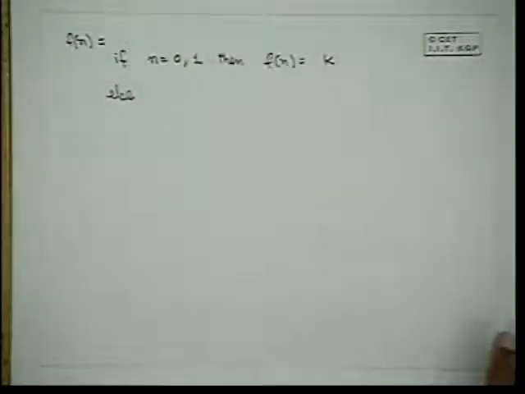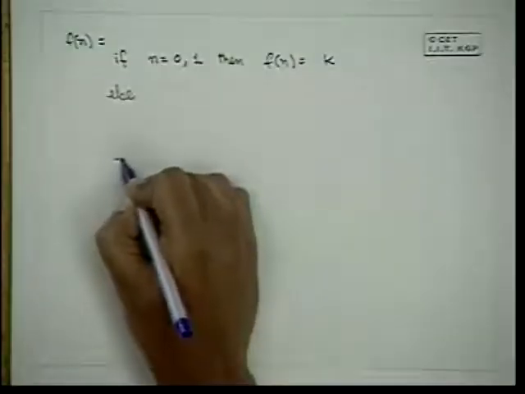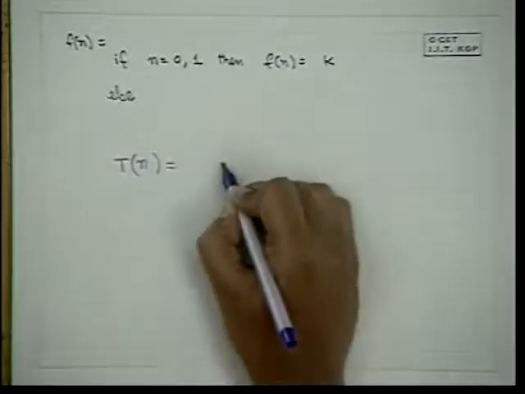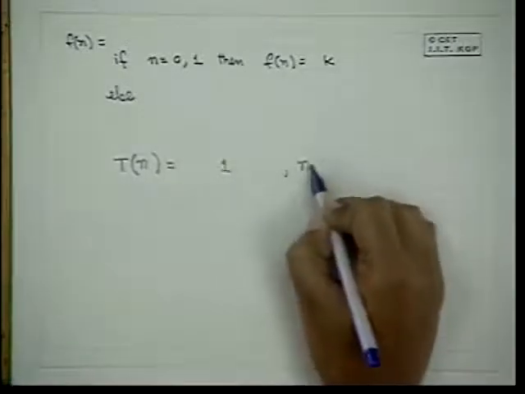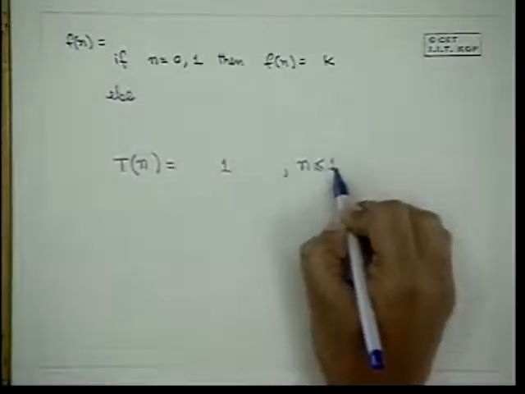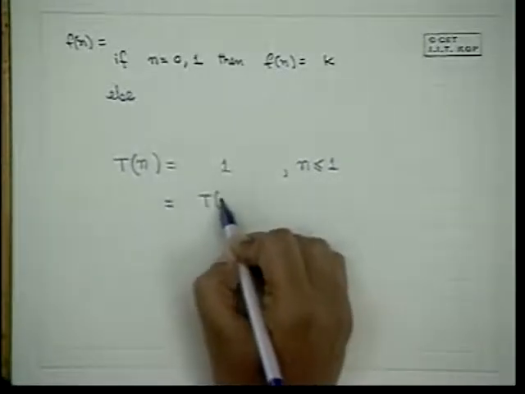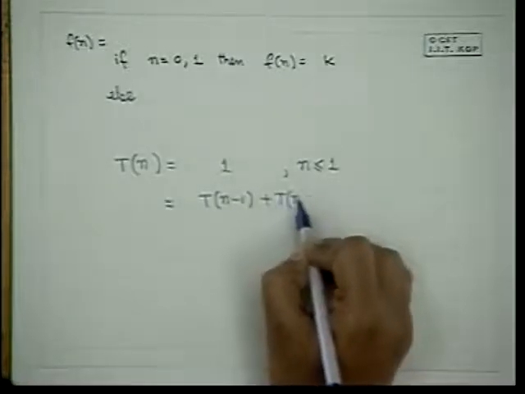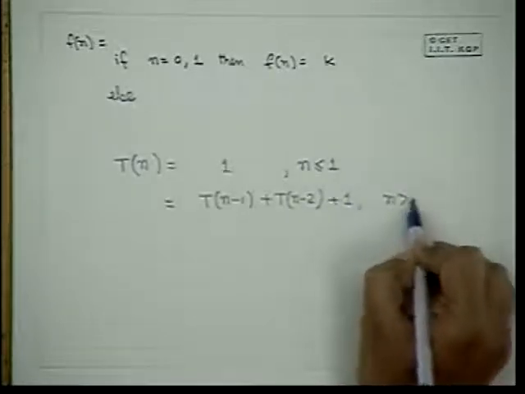So now the complexity equation again becomes a recursion. The time T(n) for Fibonacci is equal to, let us say constant, we can make it 1, we are doing asymptotic analysis, for n less than or equal to 1, and is equal to T(n minus 1) plus T(n minus 2) plus 1 for n greater than 1.